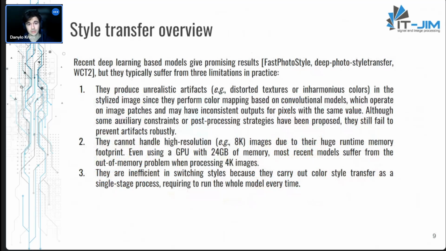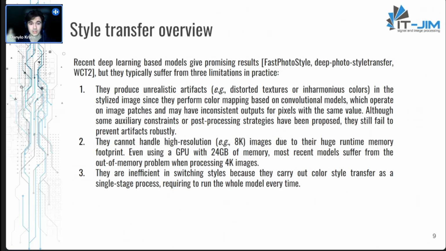And the third type is deep learning-based models. Although they give promising results, they typically suffer from three limitations. They can produce unrealistic artifacts because these methods perform color mapping based on convolutional models, which operate on image patches and may have inconsistent outputs for pixels with the same value.